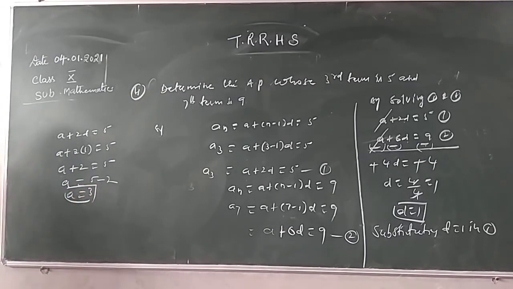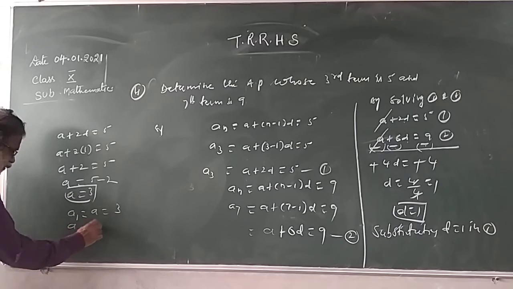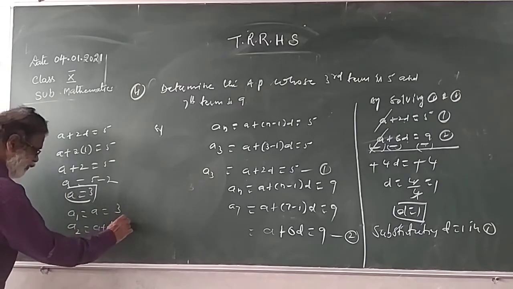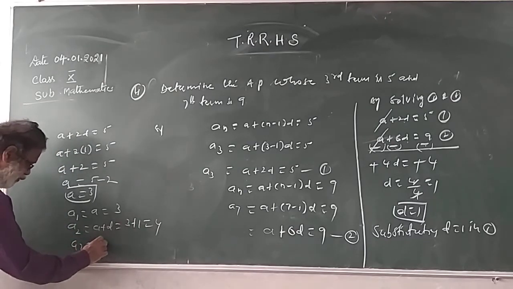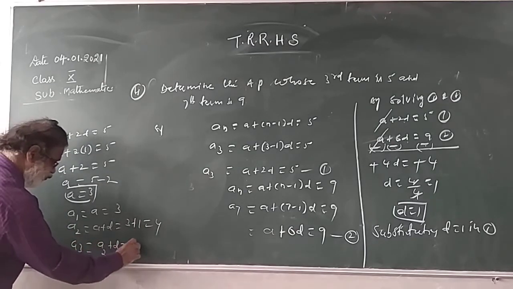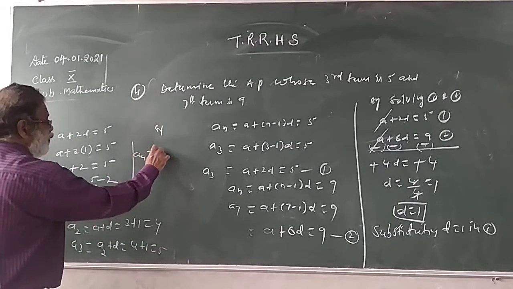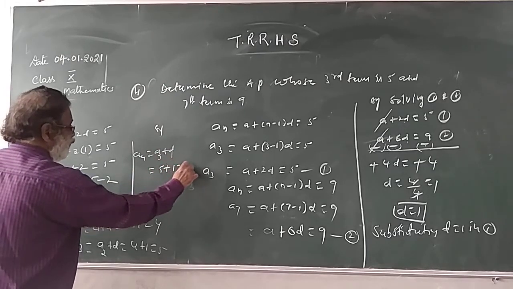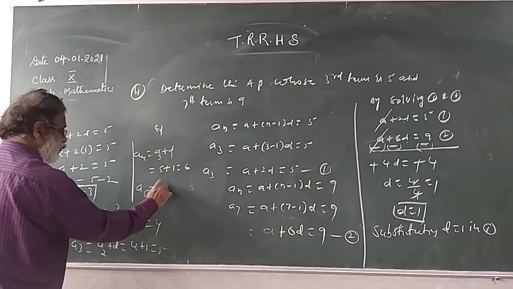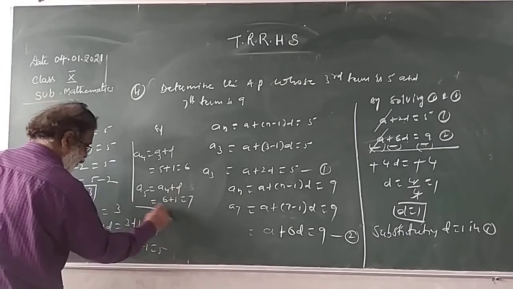Now write the AP. What is the first term? First term a1 is equal to a, which is 3. Second term a2 is a + d, 3 + 1, which is 4. Third term is a2 + d, where a2 is 4 and d is 1, so 5. a4 is a3 + d, where a3 is 5 and d is 1, so 6. A5 is a4 + d, 6 + 1, and so on.